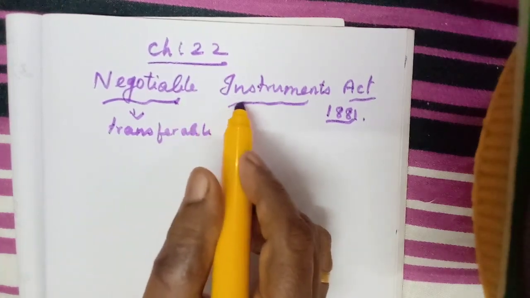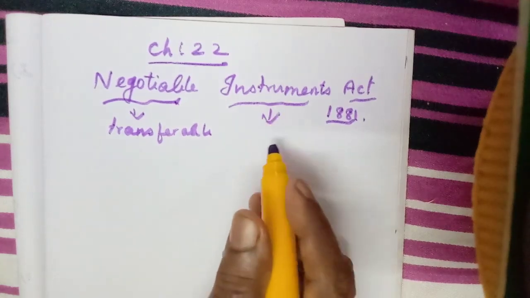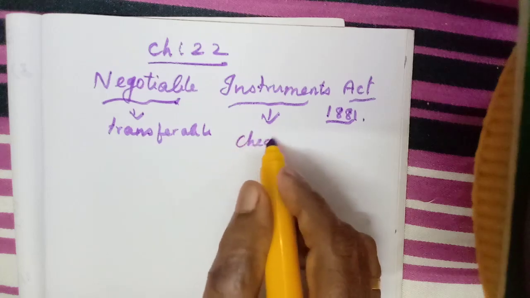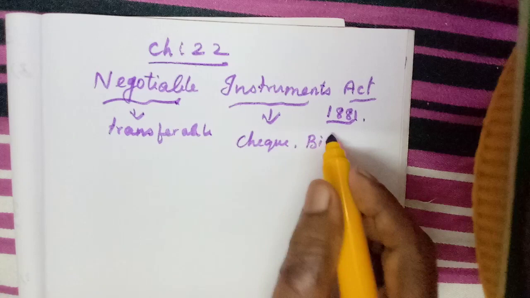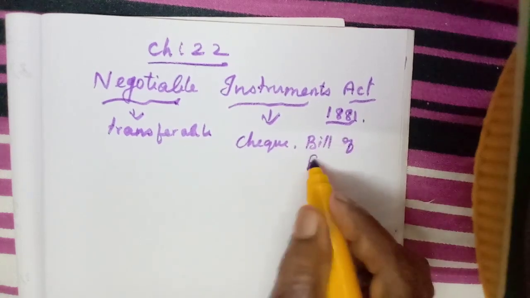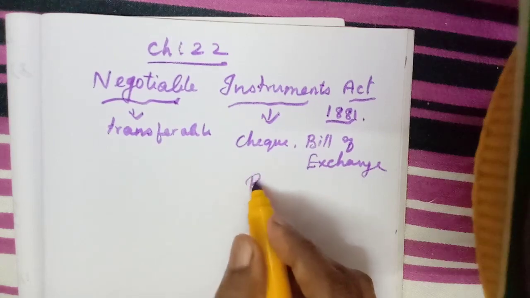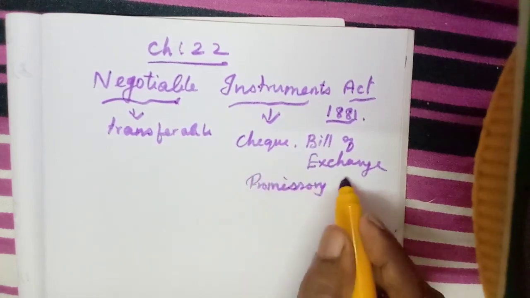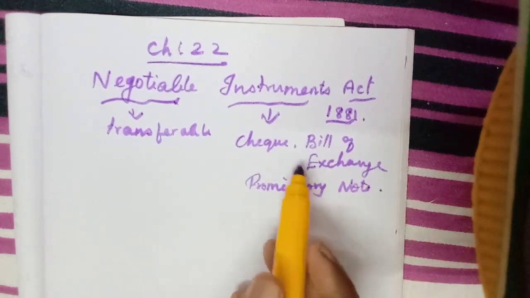So we know some instruments here. The instruments mentioned here are the check, which you know very well, isn't it? Then bill of exchange and promissory note. Now only we have this check.